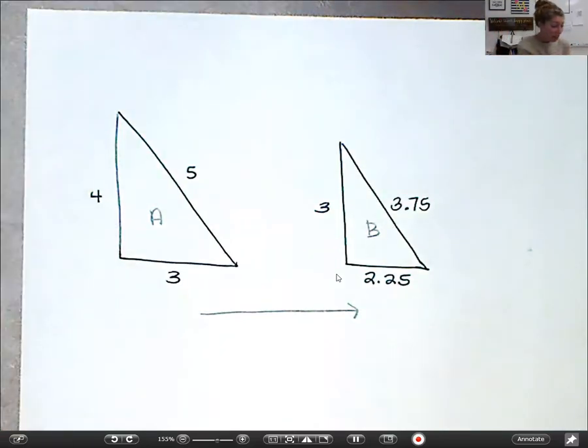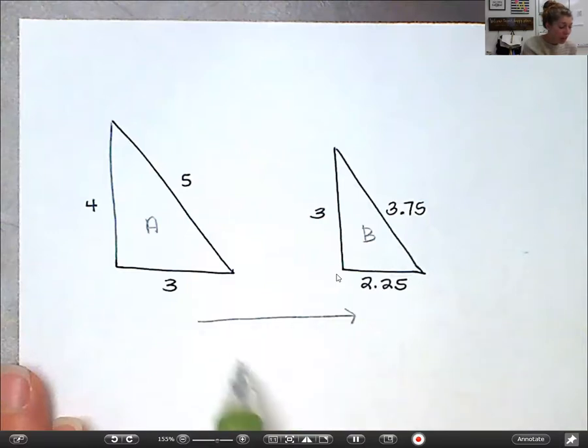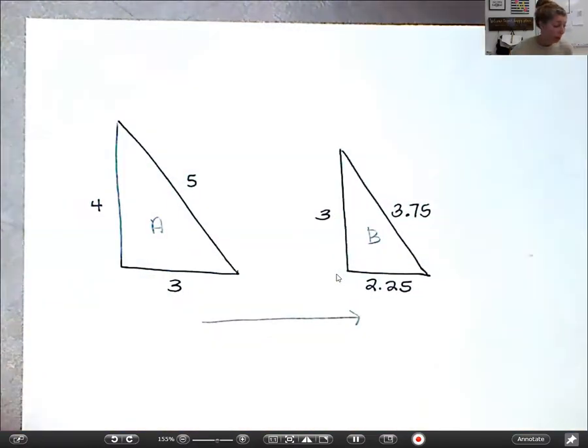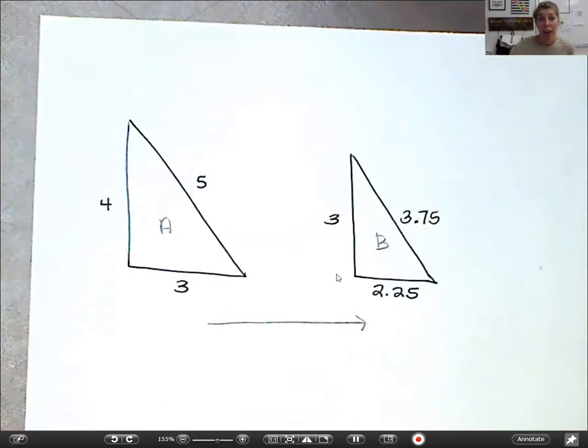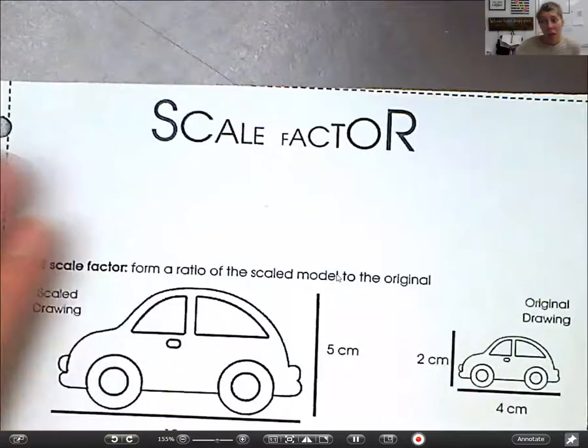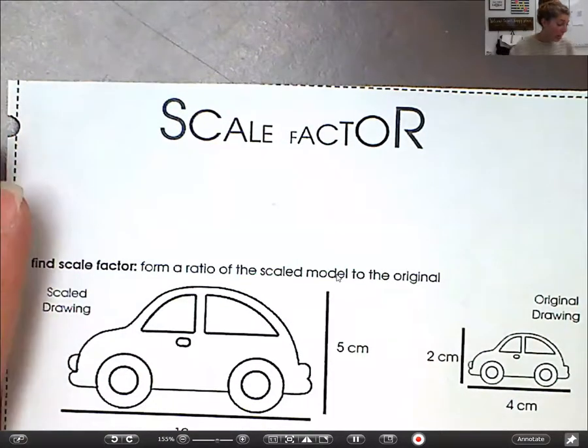What is that magic number that all of these numbers reduced by with multiplication? That's what I'm going to show you how to find today. We'll actually come back to this problem in a second. Again, sorry for the repeats, but it's probably good for your brain anyways.